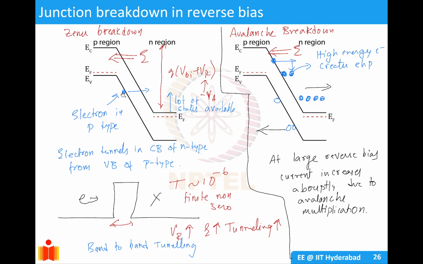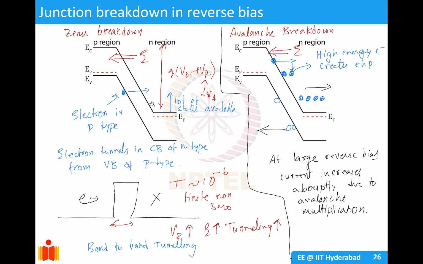When this becomes very narrow, the electrons start tunneling from the p side to the n side, from the valence band of the p side to the conduction band of the n side.